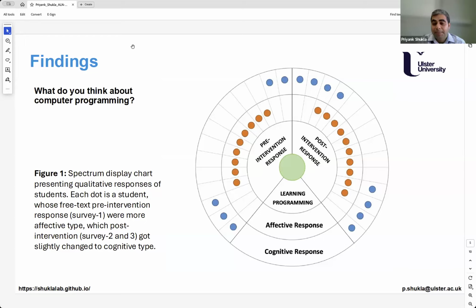So I don't see a huge change between before the class test, the two-stage assessment, and after, but it's just a slight improvement. I must say that before the assessment, most of the responses were affective in nature, whereas you see a very slight improvement later after the assessment, and as the module went on, there's a slight increase in the cognitive responses.